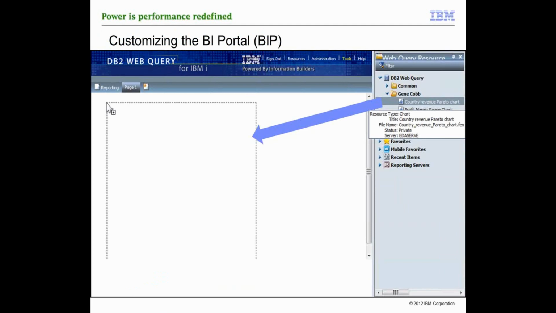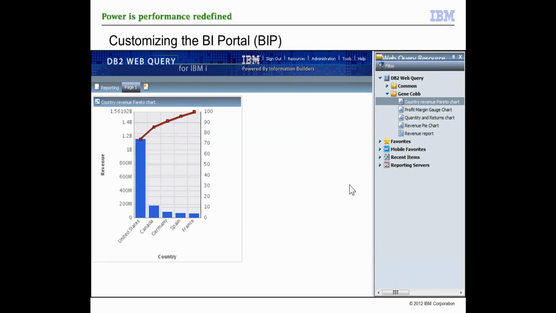As you can see, I've gone off the main page and I've clicked on the page 1 tab, and I'm going to create a new custom BI portal just for me. Over on the right, I have a list of all of the DB2 Web Query reports within the top-level folders. So all I have to do is grab one of those reports or graphs and drag it right into the canvas there. When I let go, I've got a graph showing up.